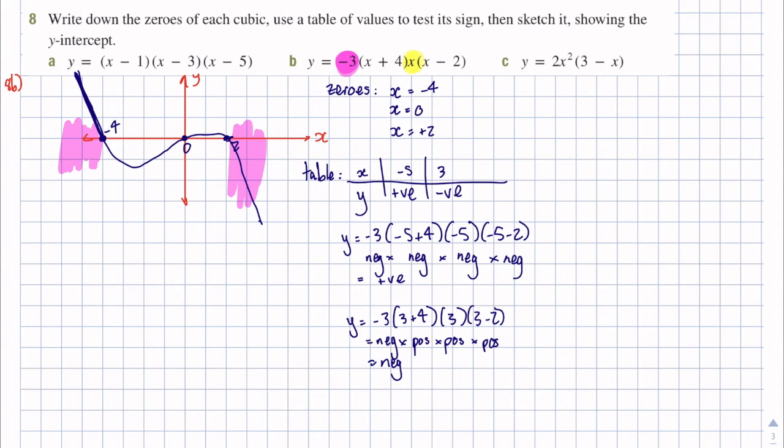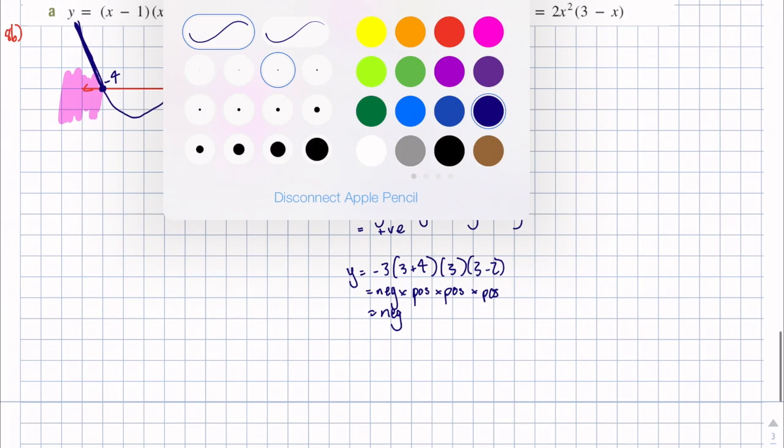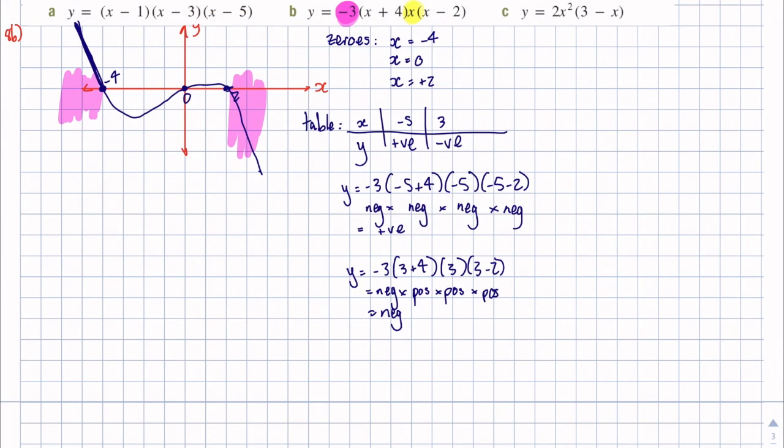For 8c, I'm just going to rewrite the equation. Y equals 2x squared, 3 take x. Now, I want to go through this one a little more systematically. Oh, sorry, I'll start off by putting my axes in. There's no definite way you have to do this.